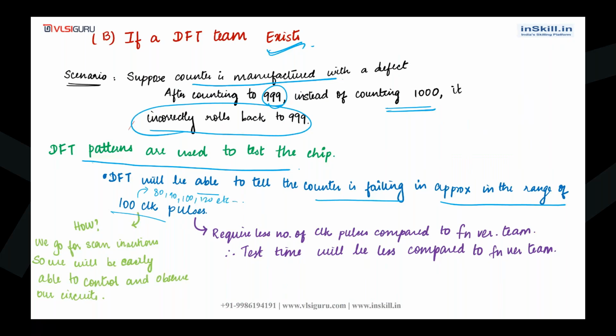So with DFT, we are able to tell that the counter is failing in approximately 100 clock pulses. If you see, with the DFT team we require fewer clock cycles compared to the functional verification team. The functional verification team requires more than 1000 clock pulses to tell that the counter is failing, whereas with DFT it is approximately 100 clock pulses.